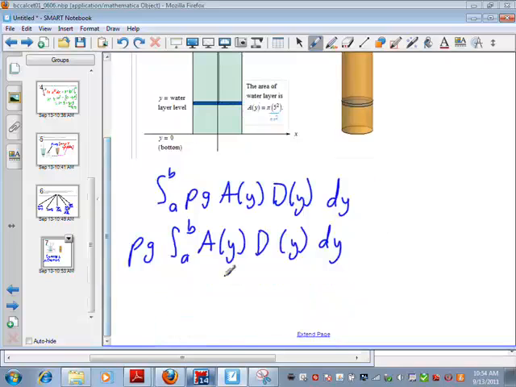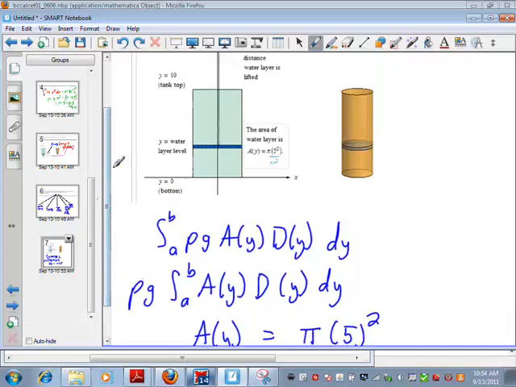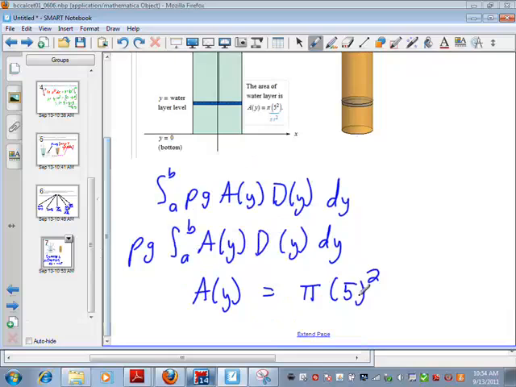So capital A of y is simply pi times 5 squared. In this case, it does not depend on y, but if I give you something else, like a cone, then it's obviously going to depend on y. We'll do something like that in a second. So the area is 25 pi.